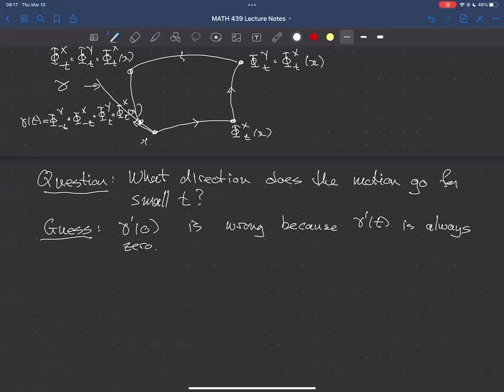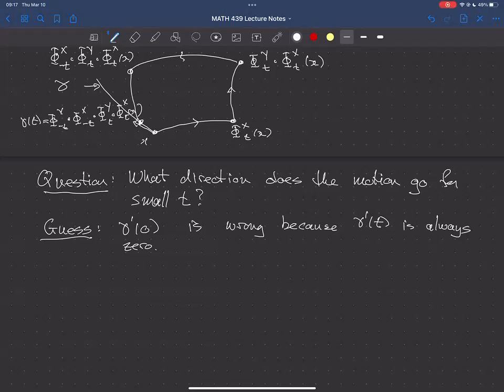Okay, so then your next guess is going to be take the second derivative, right? Just like if you think about the function t squared, the first derivative, when you evaluate it at 0, isn't telling you anything. But if you evaluate the second derivative, it's positive, and so that tells you you're going in the positive direction.